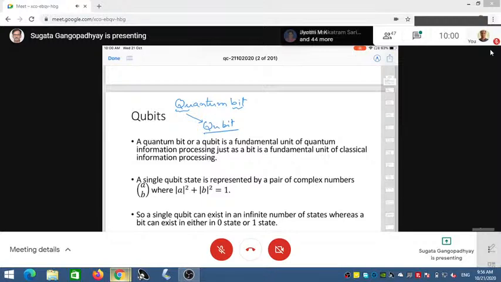But I can have many other ways of writing a qubit. Most famously, if I take 1 by root 2 times (1, 1), or (1, minus 1), it is a pair of complex numbers. Although they're real, ultimately they are also complex numbers. Now if I take the mod squares of 1 by root 2 and minus 1 by root 2, I get 1. So these are all qubits.